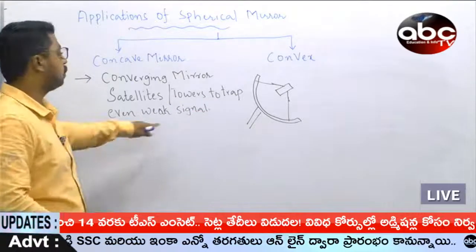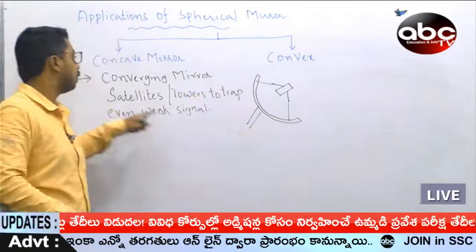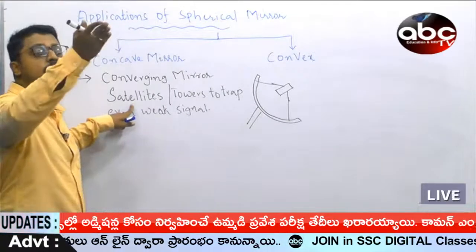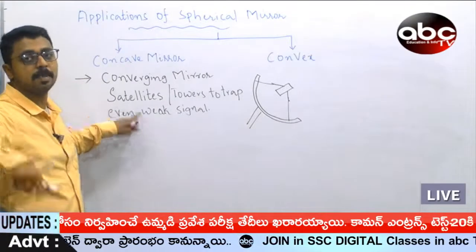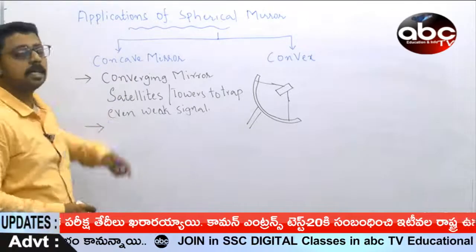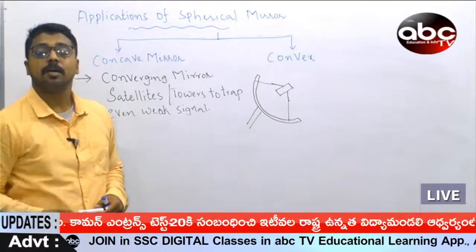Therefore, concave mirrors are shaped like this to act as converging mirrors for satellite making or dish surface making. Whereas second, these are converging mirrors which form an enlargement in the image.